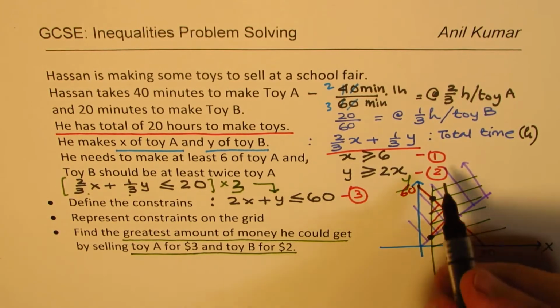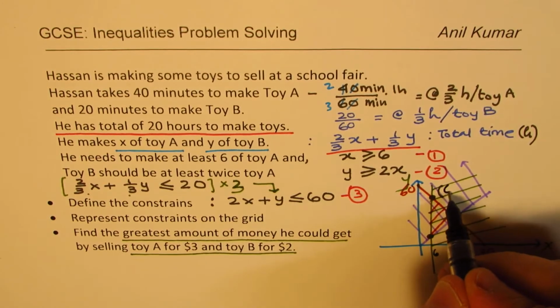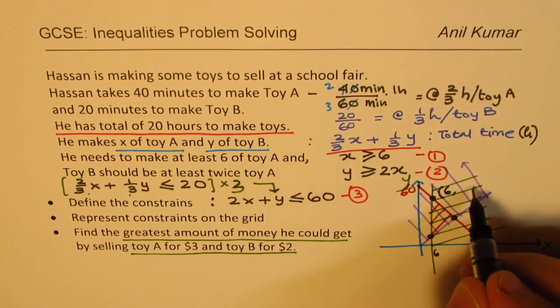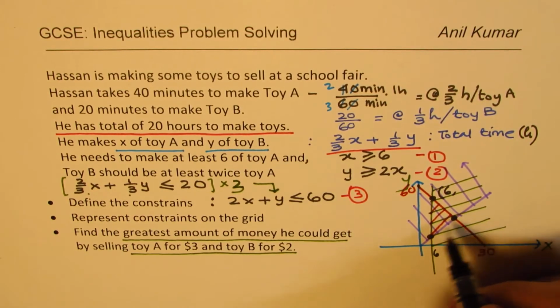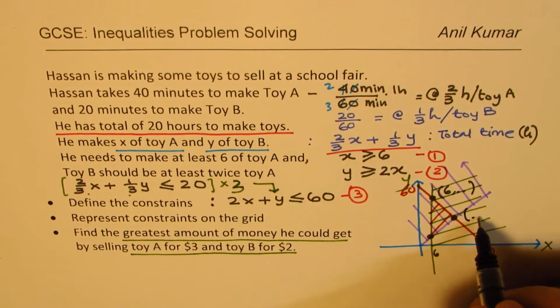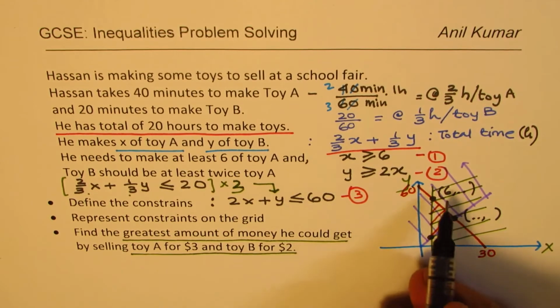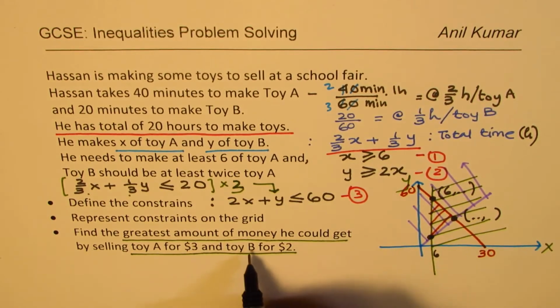At these points, we'll get the value, like you know here, x value is 6, right? So x value will be 6. We'll find what these values are from the graph, right? We can also calculate. So we'll find these values. And then to get the maximum cost, we are going to multiply the x value with 3.